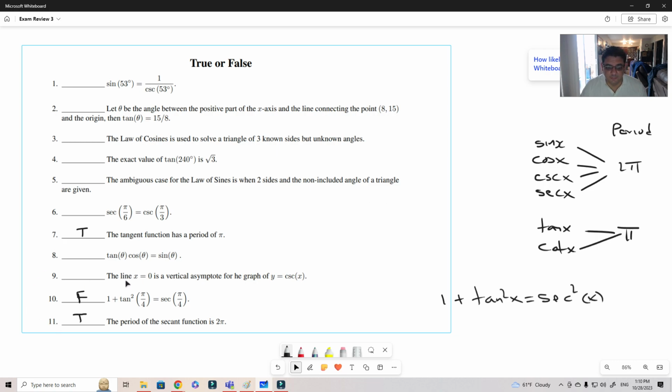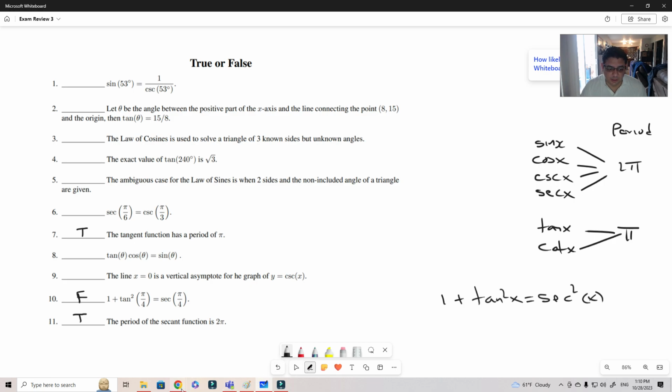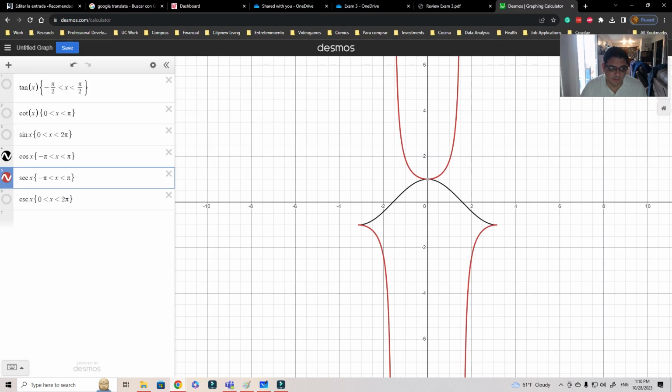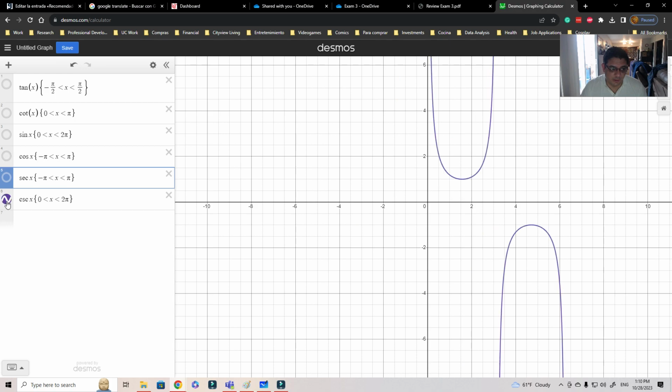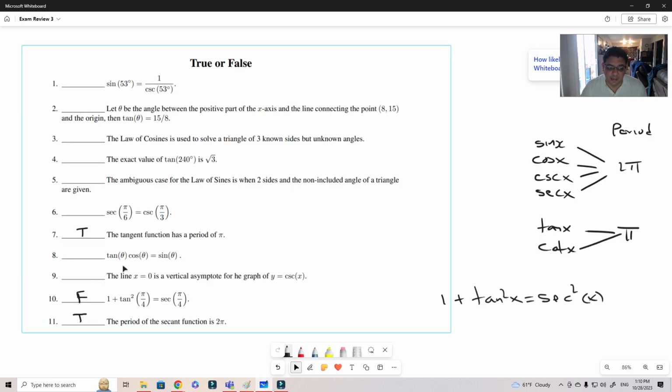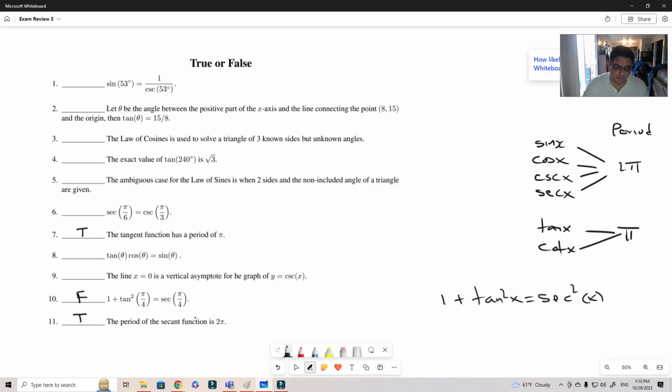From the same thing we just saw here, notice that cosecant has an asymptote at 0, and it also has asymptotes at pi and 2 pi. That comes from the sine. So the line x equals 0 is a vertical asymptote for cosecant of x, which is true.